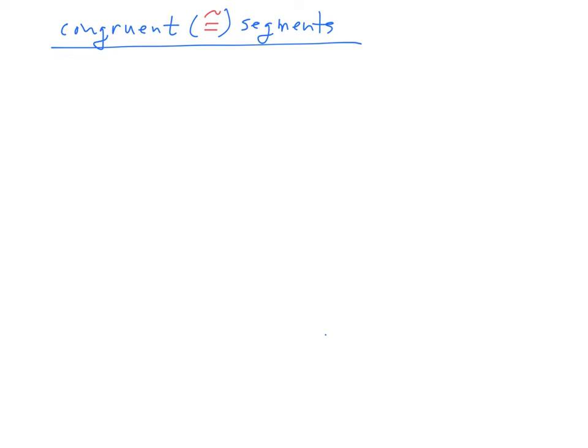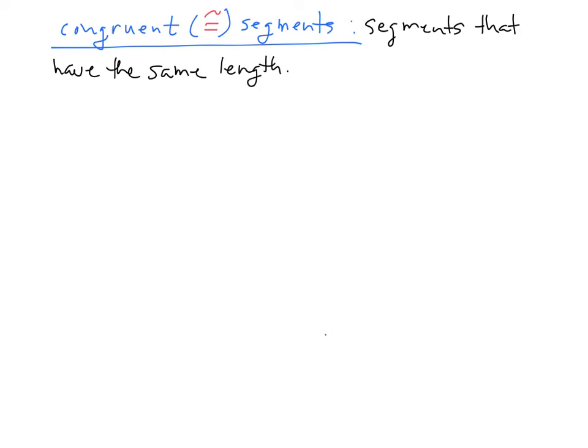So they would be segments with the same length, right? And then the other one we need to talk about is what's a segment bisector.